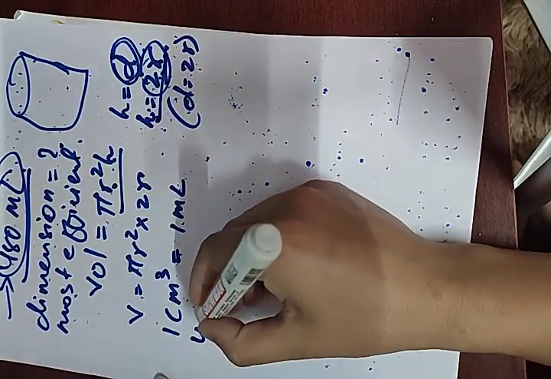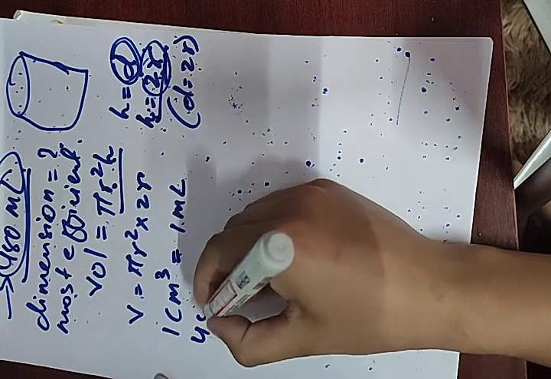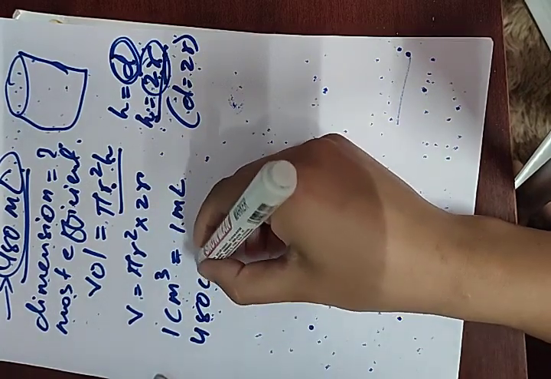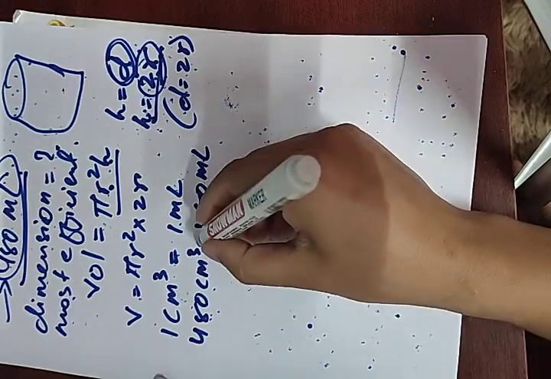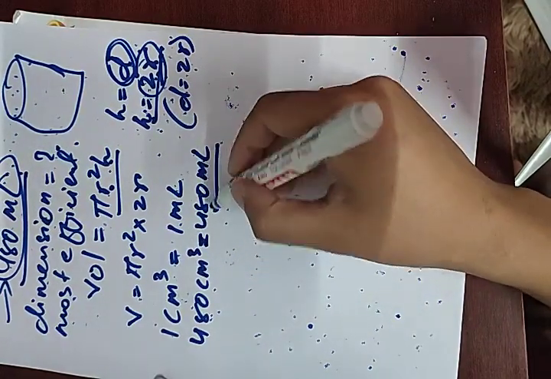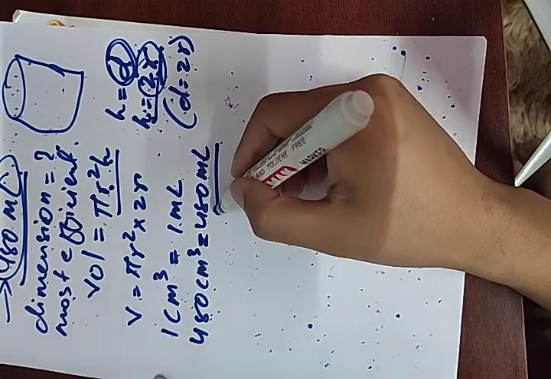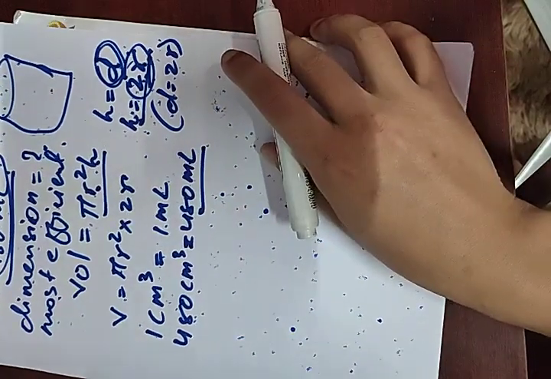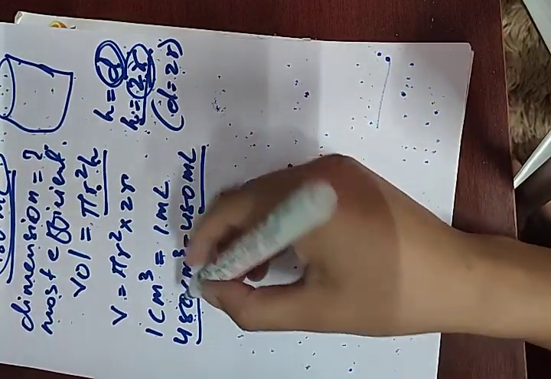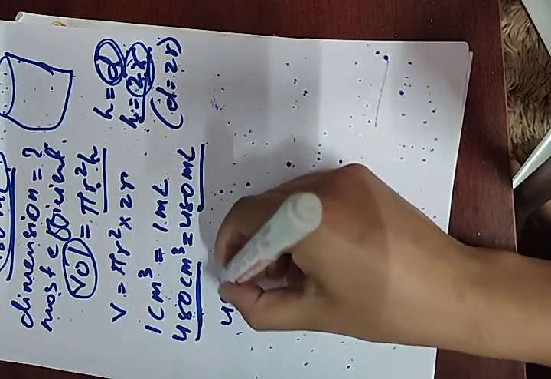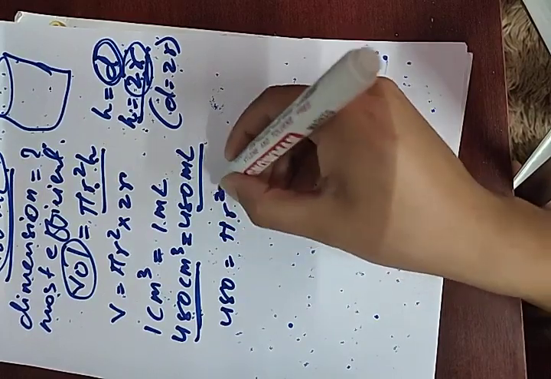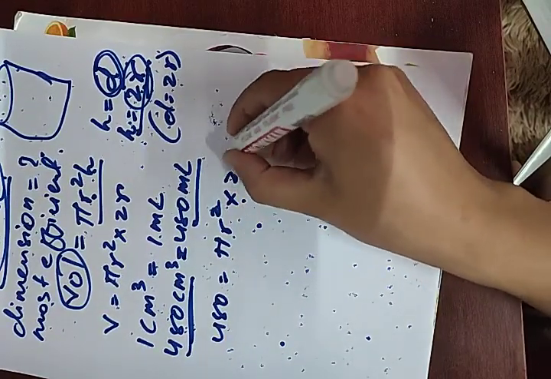Therefore 480 ml will be equal to 480 centimeter cube. Just now 480 ml is given, so instead of the volume you can put this value. You can put it as 480 is equal to pi r square times 2r.